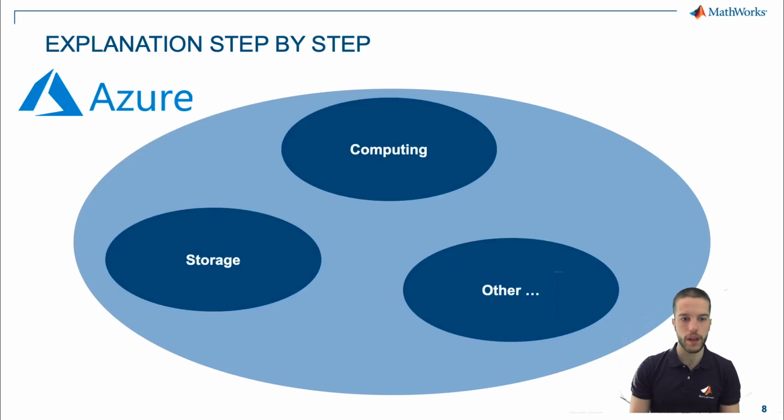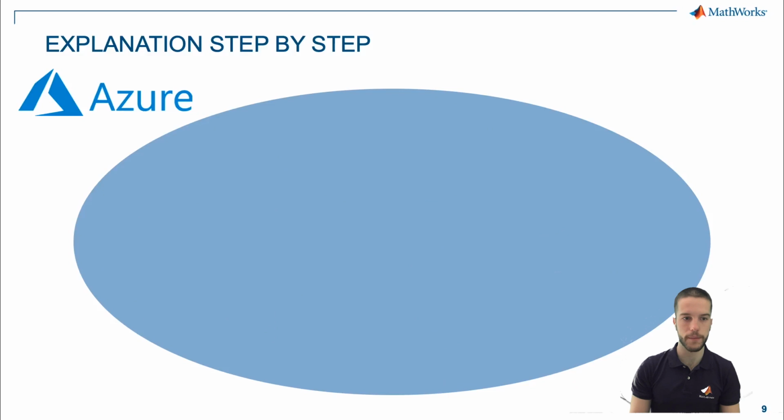So Azure, as I said, has different subcategories like computing, storage, and other categories. We will concentrate only on computing because now we want to focus our analysis on that.